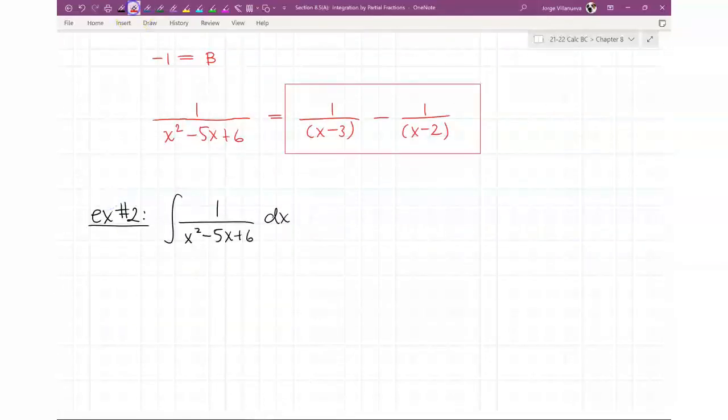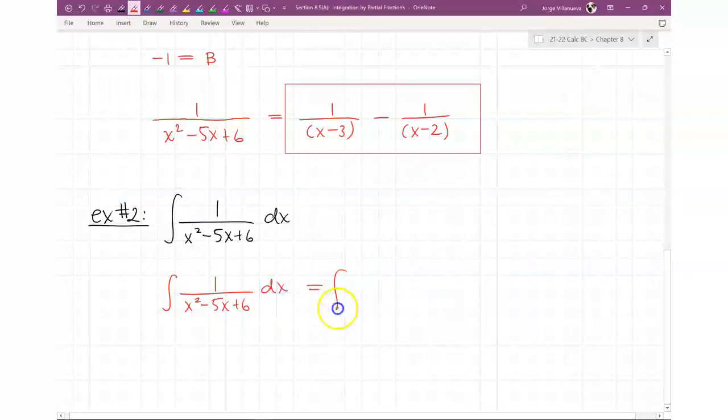But we just saw that the integral of 1 over x squared minus 5x plus 6 dx is equal to the integral of 1 over x minus 3 minus 1 over x minus 2 dx.